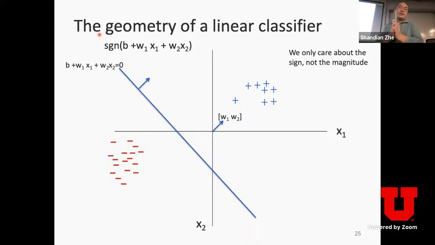That means one linear classifier can have infinitely many representations in terms of model parameters. In this case, the parameters include three: B, W1, W2. For any single triplet B, W1, W2, if you multiply them by an arbitrary positive factor, they correspond to exactly the same classifier.